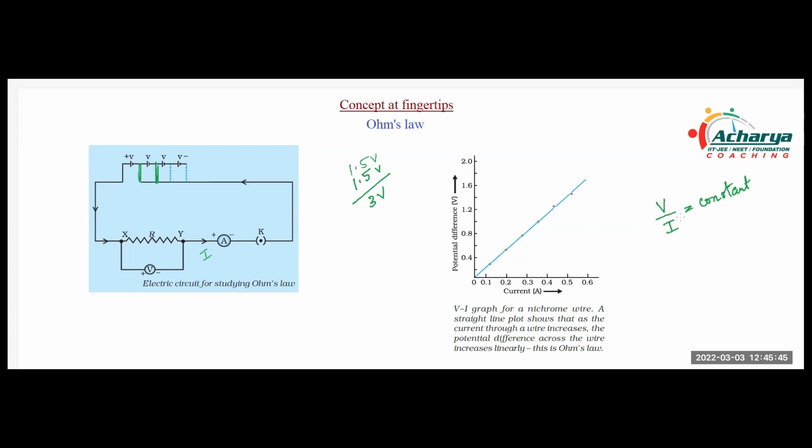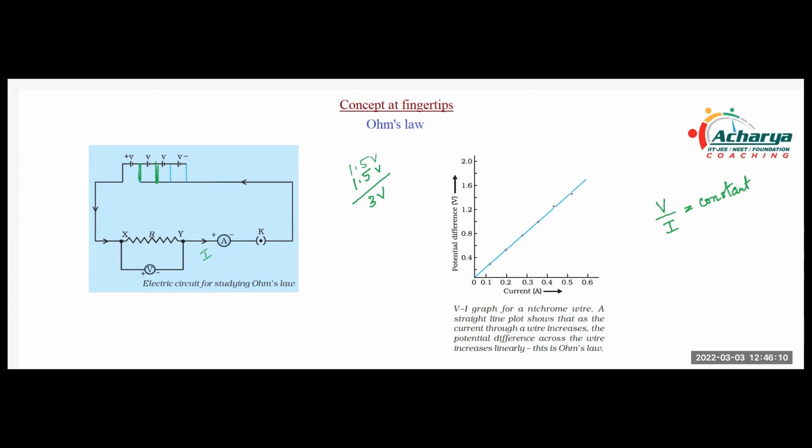That means V by I is a constant. This is the relation that we call Ohm's law. It was found by a German physicist, Georg Simon Ohm, and he found that the ratio of the potential dropped across the metallic wire and the current through it is a constant.